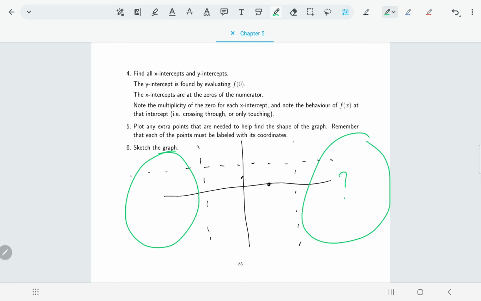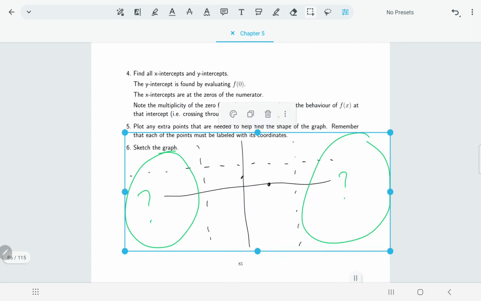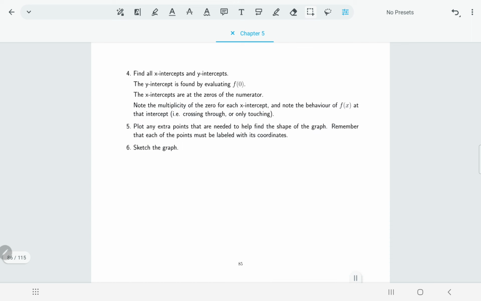So you may need to take an extra point in that side of the graph, pick an x value, and find the corresponding y value so you'll have something to plot. And same thing on the other side, you may need to take an extra value and find out what its y value is and plot that as well. Of course, as always, with every point that you take and find its coordinates, you need to plot it and label it. So ideally, you don't want to take too many extra points if you don't need them.